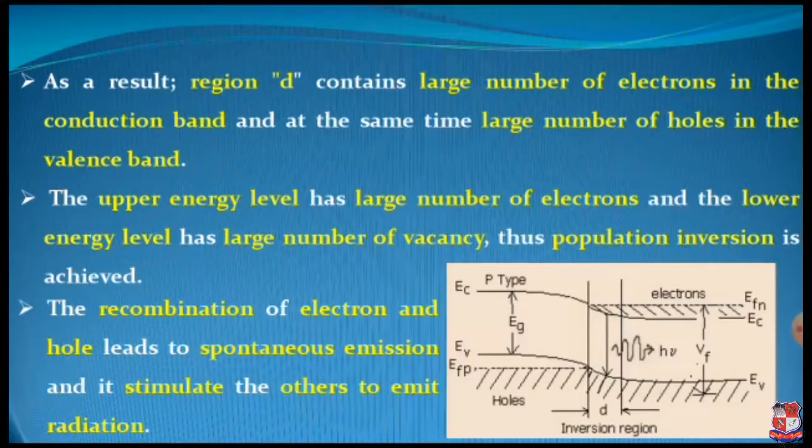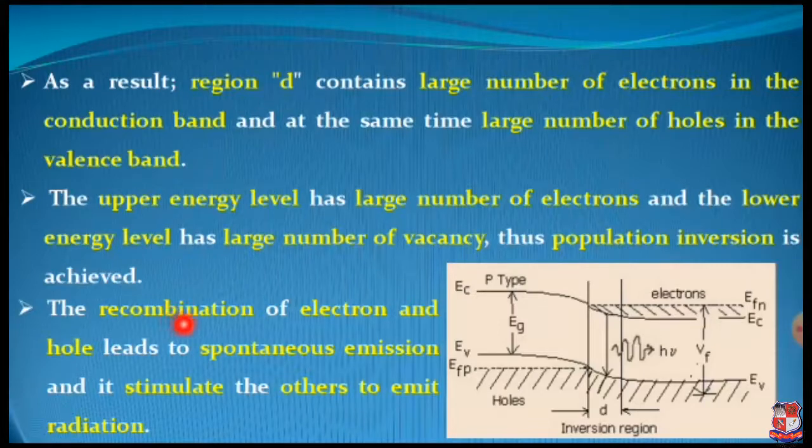As a result, the depletion region contains a large number of electrons in the conduction band and, at the same time, a large number of holes in the valence band. The upper energy level, where you can see the photon being emitted, has a very large number of electrons, and the lower energy level has a large number of vacancies, that is holes. Thus population inversion is achieved.